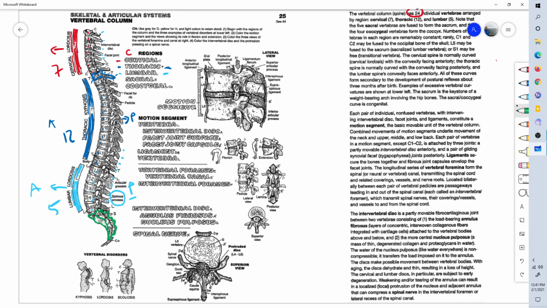So they used to be sectioned off like this into 5 vertebrae. So it would be 1, 2, 3, 4, 5, something like that. But these have since fused during development, and the sacrum acts as one unit.